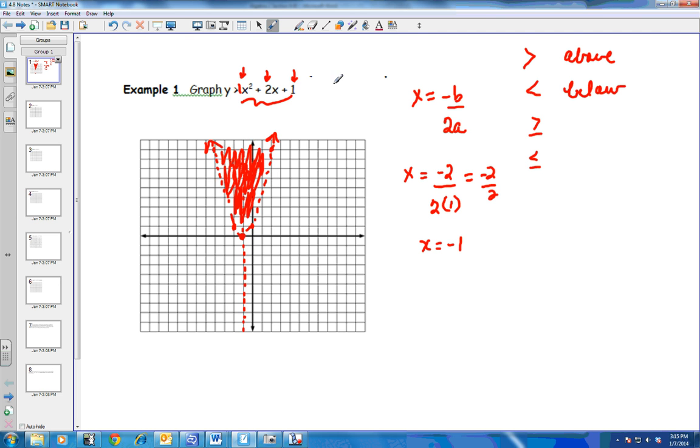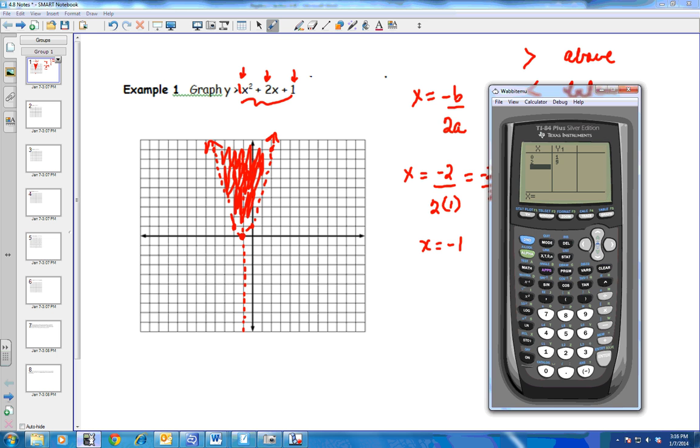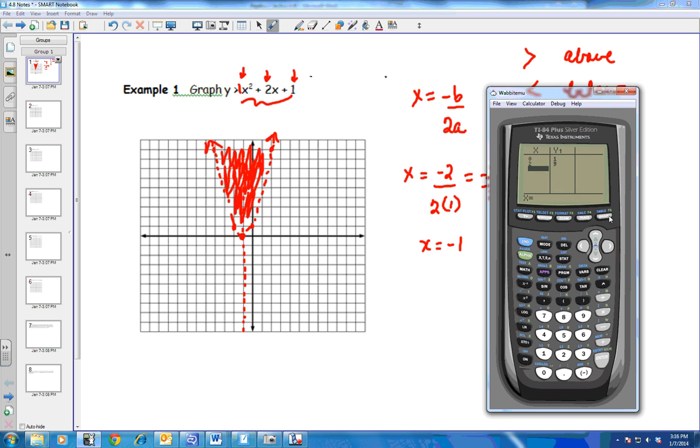So that's what your graph needs to look like. And remember, I can do that on my calculator. If I hit my y equals and go over to the left of my y, see how it changes when I press enter? I know I need to shade above the line. So it will graph that for you, but you need to know exactly where those points are.